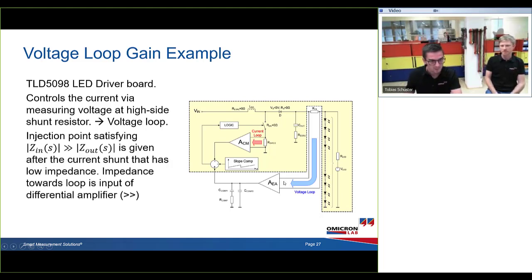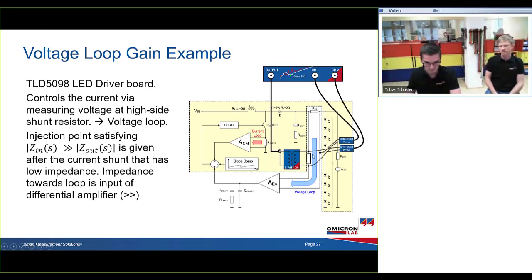To check if this is a good injection point, you see the shunt resistor is normally very low in resistance, so this is a good point, and the input of a differential amplifier or just an op amp has high impedance, and therefore this is a good injection point. In this case, we don't have a common ground, and therefore we need differential probes, which are connected to the injection resistor and to the negative path.